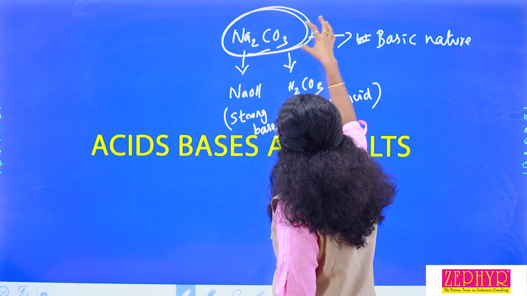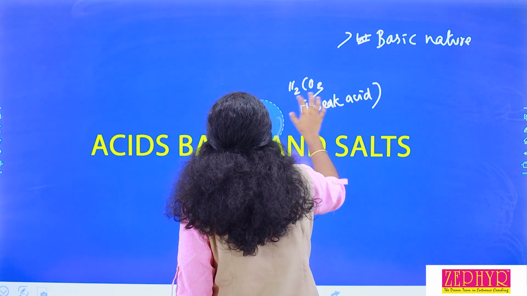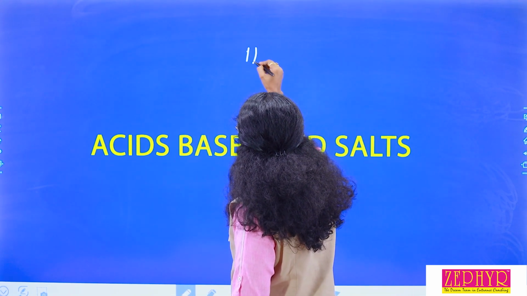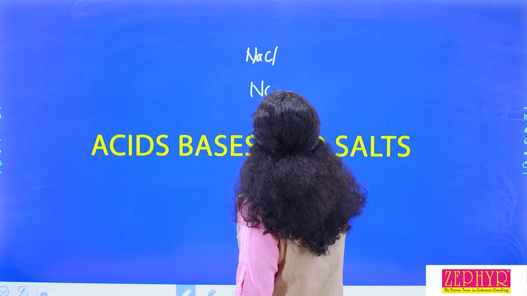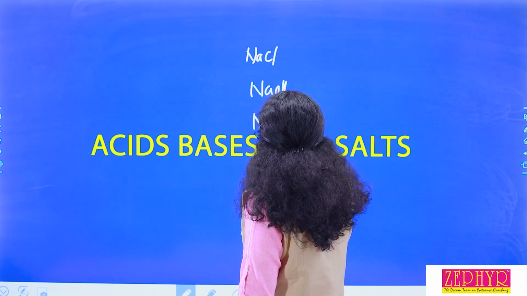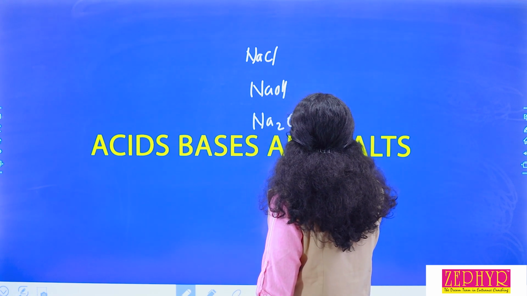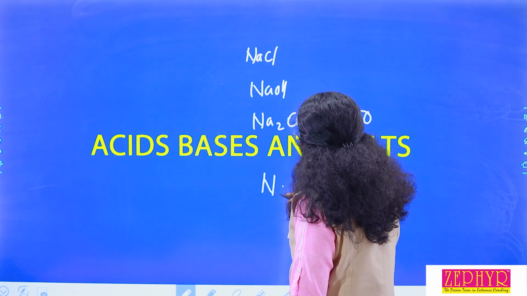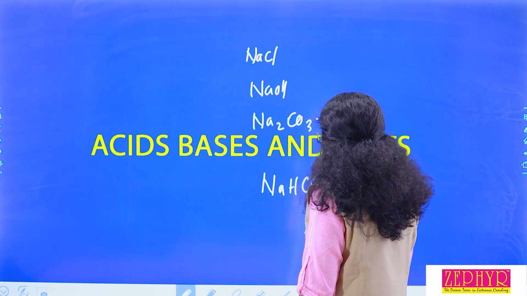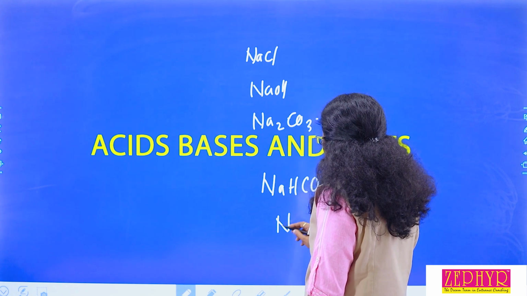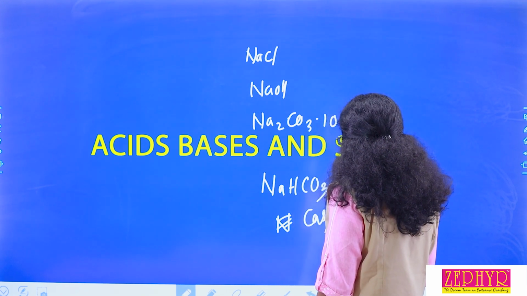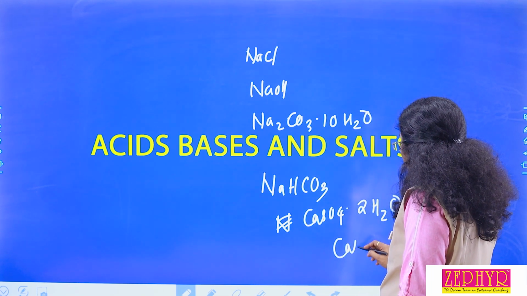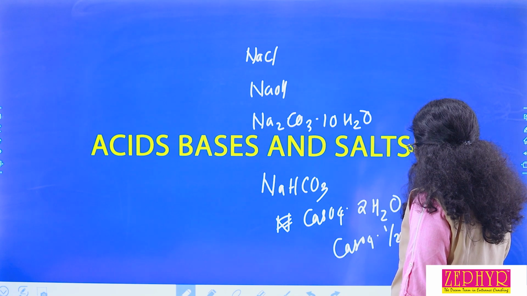Then after that, the next concept included in that chapter is some salts. For example, sodium chloride, sodium hydroxide, Na2CO3 dot 10H2O, then NaHCO3, CaSO4 dot 2H2O, CaSO4 dot half H2O.